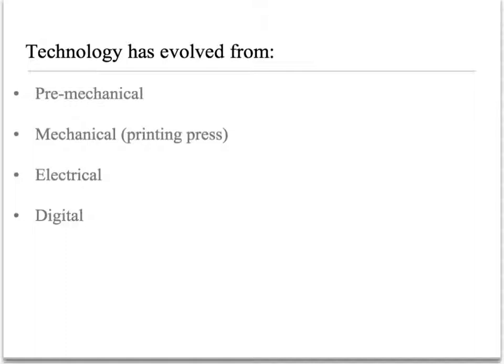Then came the digital phase. Because of significantly faster processors and high-speed wireless networks, we are able to use technologies such as word processors, digital cameras, email, and cellular phones. Technology will continue to evolve in new and exciting ways that have yet to be discovered.